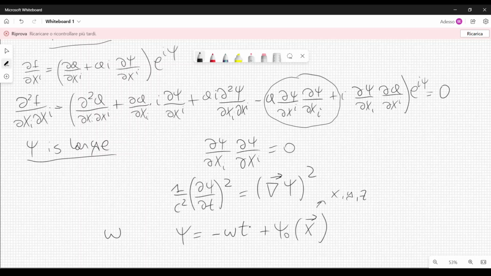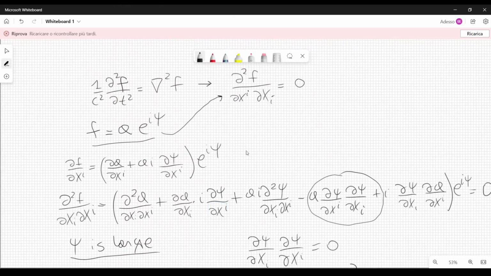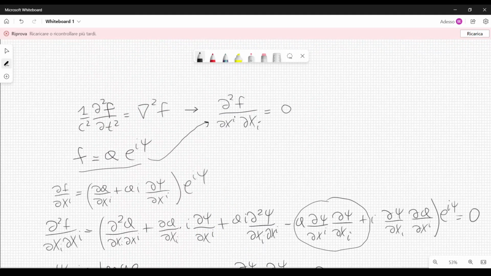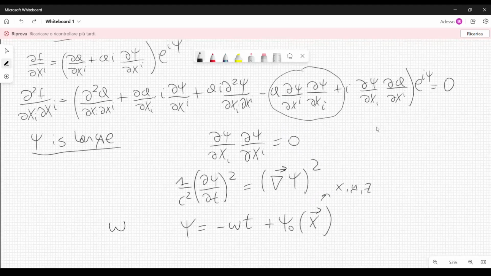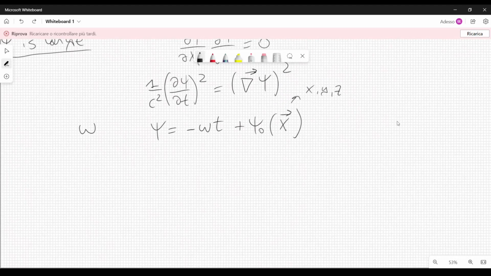Because in this case, the wave will have a factor of e to the minus i omega t if the wave has a well-defined frequency omega. And by knowing this, the equation here will become omega squared over c squared equal to the gradient of psi naught squared.